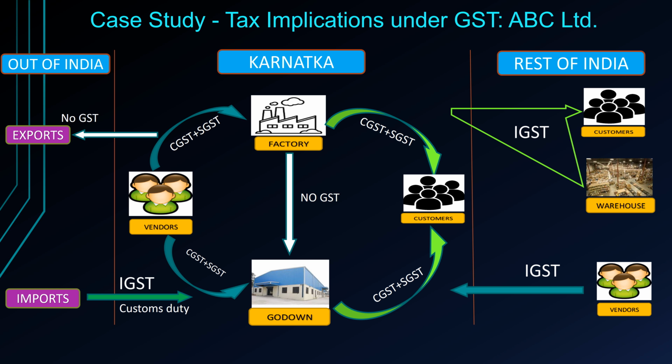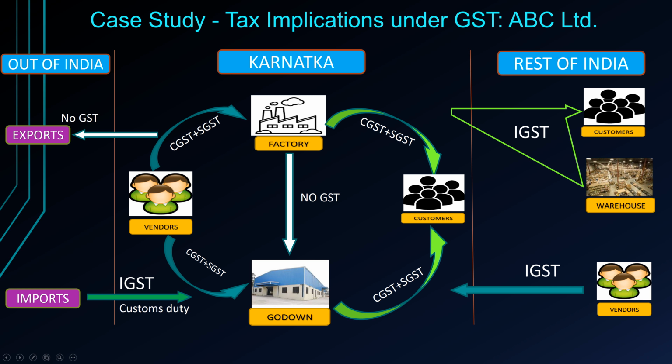It could be the other way. All the purchases are within the state, which is CGST and SGST, and all the sales are to customers outside Karnataka, which will give rise to only IGST liability. So there could be various situations where you would have liability under one account and input credits in another account.